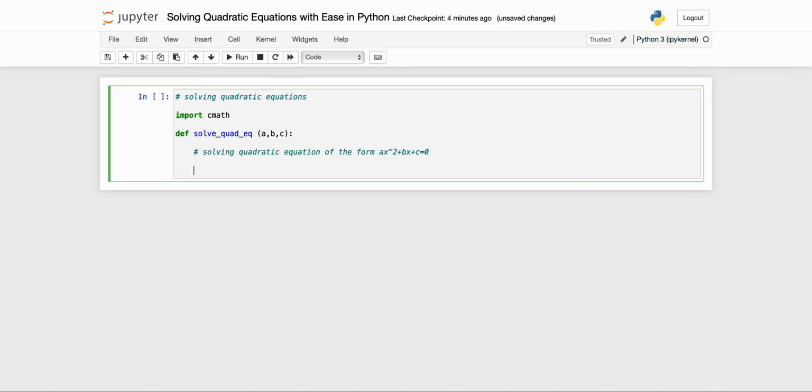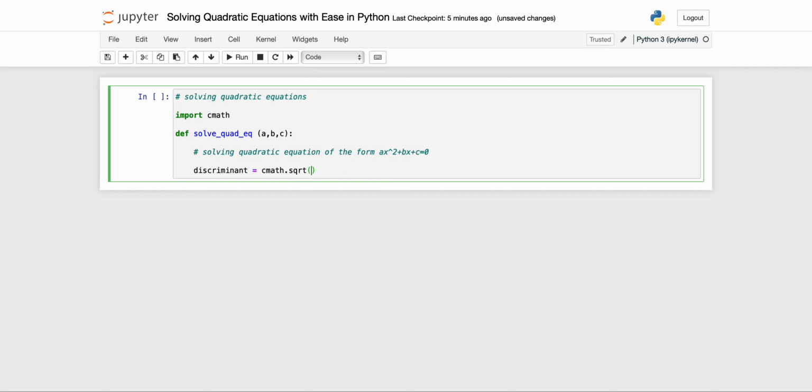First of all, we need to calculate. We'll use the quadratic formula, and for that we need to first calculate the discriminant. I'll just call it discriminant. To find it, we're going to use the cmath module's square root function, which will allow us to deal with complex roots.